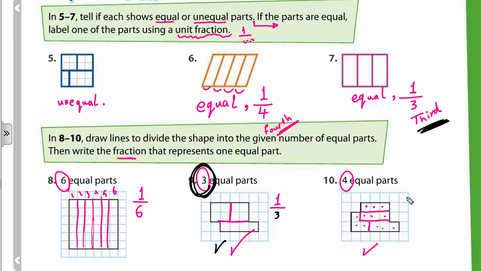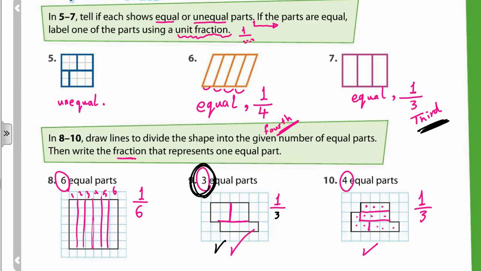Excellent. Can you tell me the fraction? This is the fraction, right? 1 over 3. No. I know, the same mistake again. We have how many equal parts?